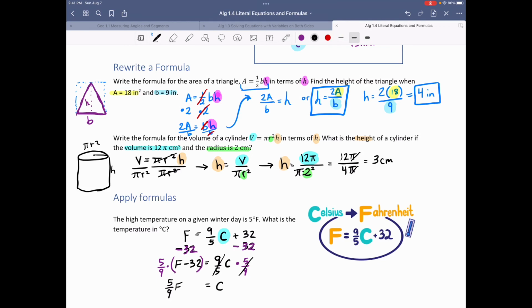So minus 17.7 repeating. All right, now that we have it in terms of Celsius, see Celsius is all by itself, just like we started with Fahrenheit all by itself. It's isolated.